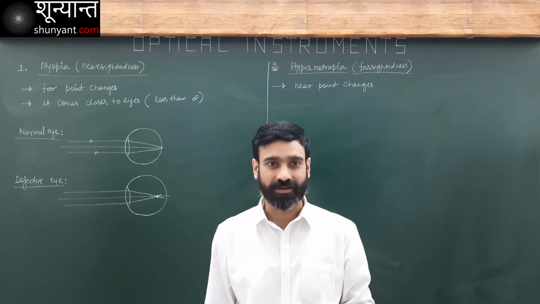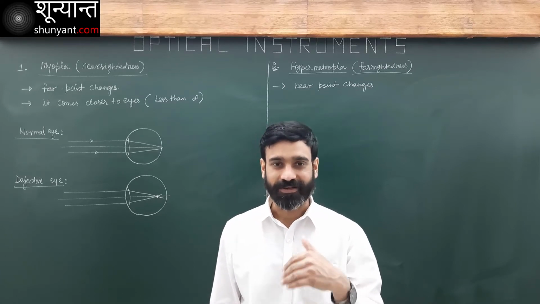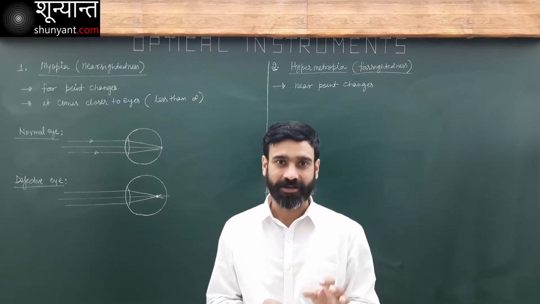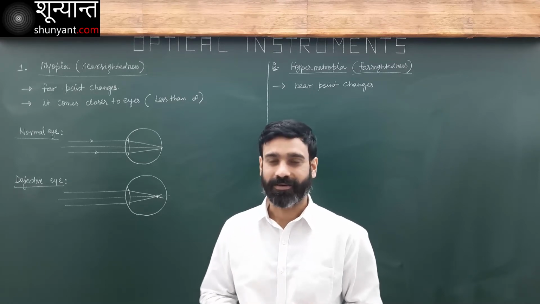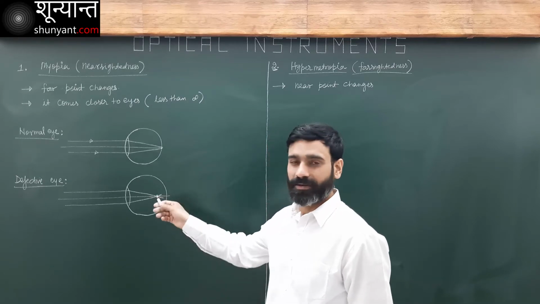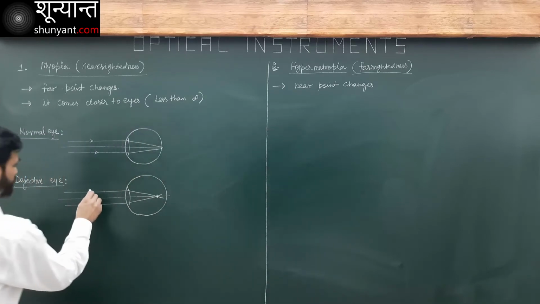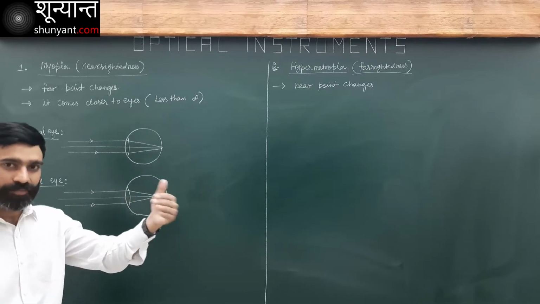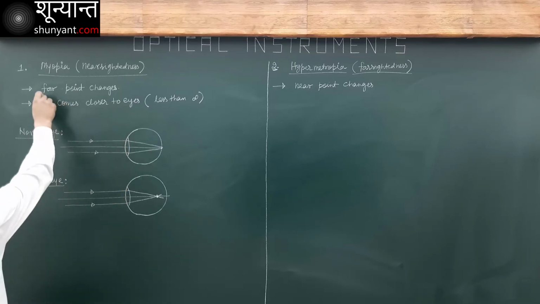You will see the object. It's not that the object or the image disappears. No, you will see the object, but you cannot see it clearly. You see it very blurred. It's because the image is not formed at retina, it is formed in front of retina. It's not that this happens for every object distance. No, there is a limit. That limit is this far point.